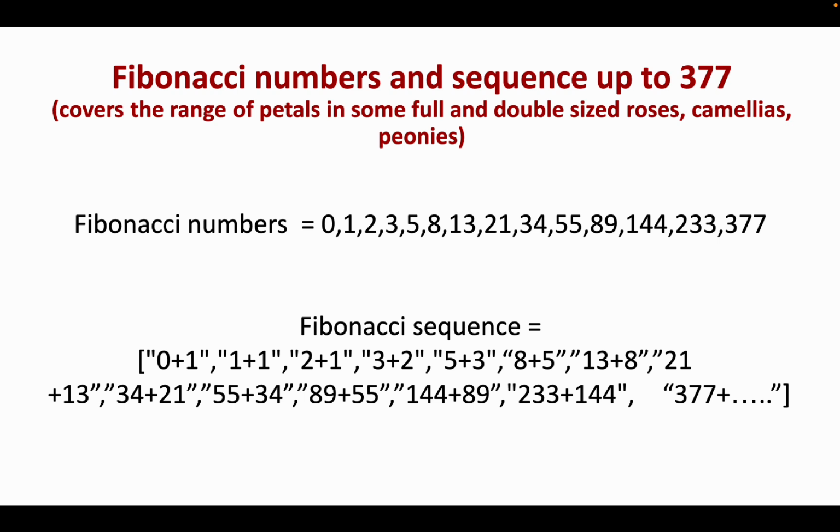The sequence generally starts with 0, and then 0 plus 1 is 1, then 1 plus 1 is 2, then 2 plus 1 is 3, 3 plus 2 is 5, and 5 plus 3 is 8, and so on and so forth, until we reach a number desirable, which could be 144 or up to 377 petals.